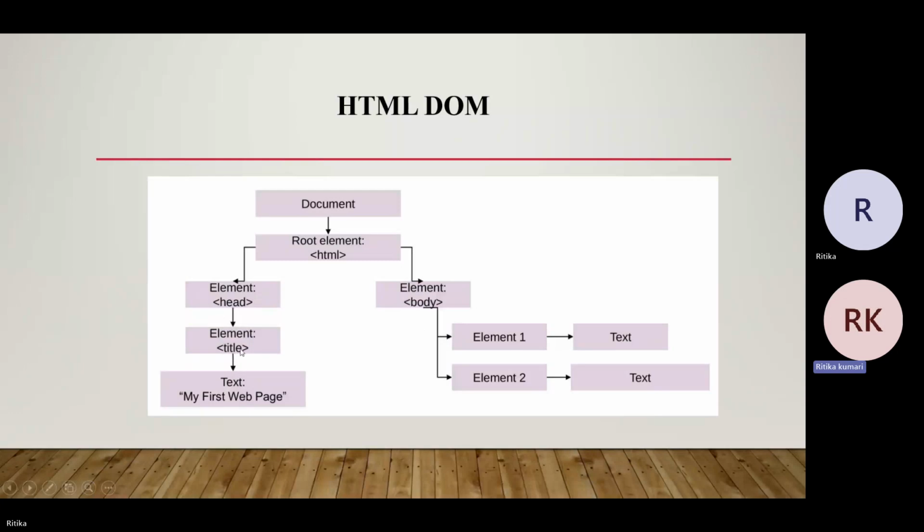The head tag consists of elements like the title tag, and it consists of text, any type of text, whatever we want to give for our web pages. For example, here we have taken my first web page, and in the body tag there could be many elements in the form of text.